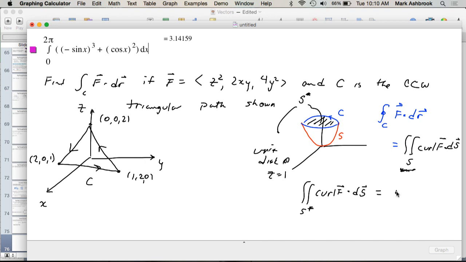Pi. Right? Because, let's forget about the paraboloid. We have an open surface, this unit disk up here at z equals 1, with a boundary. And we know that the circulation around that boundary, we've already calculated it as pi. So that would mean that the surface integral of the curl for that unit disk would be pi as well.